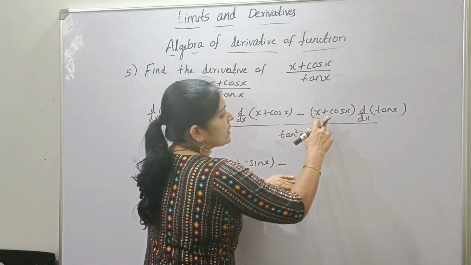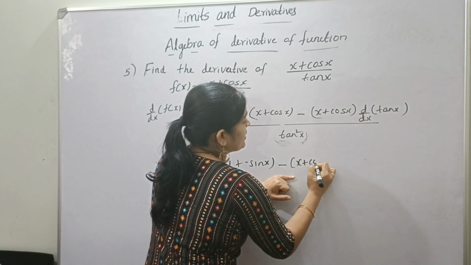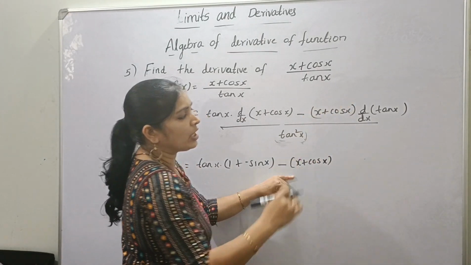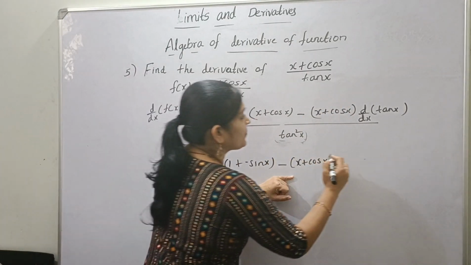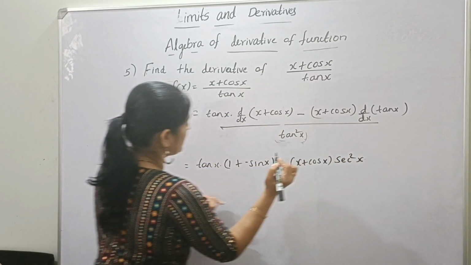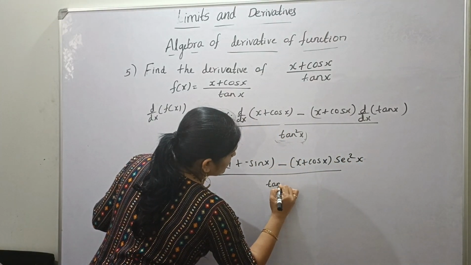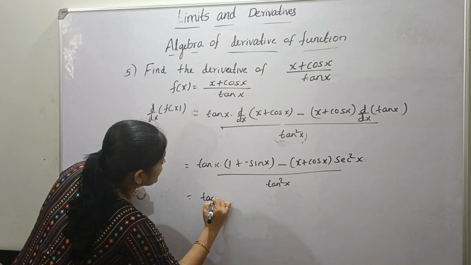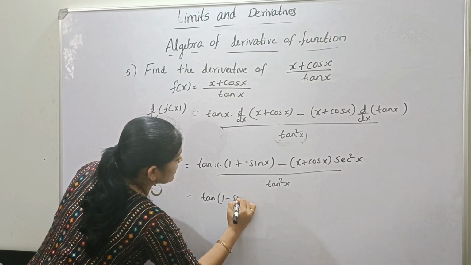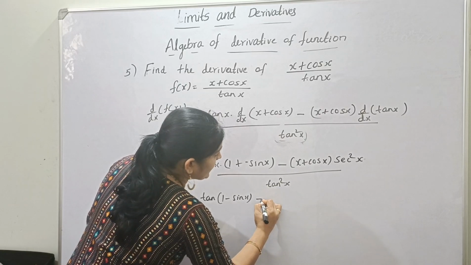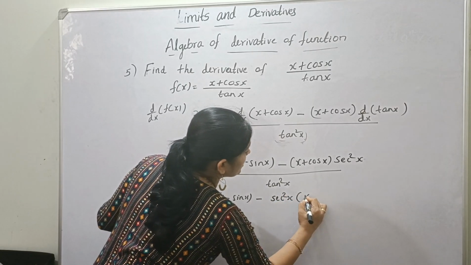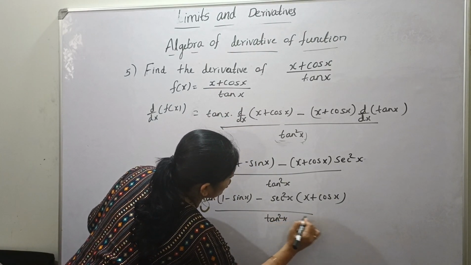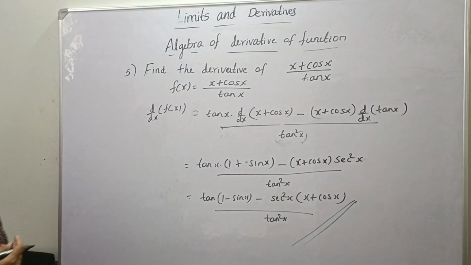Okay, minus (x plus cos x) into d by dx of tan x. See, as I mentioned before, d by dx of tan x is sec square x, whole divided by tan square x. That is tan x into (1 minus sin x) minus sec square x into (x plus cos x), whole divided by tan square x. Okay, you can stop here. It is the derivative of the given function.